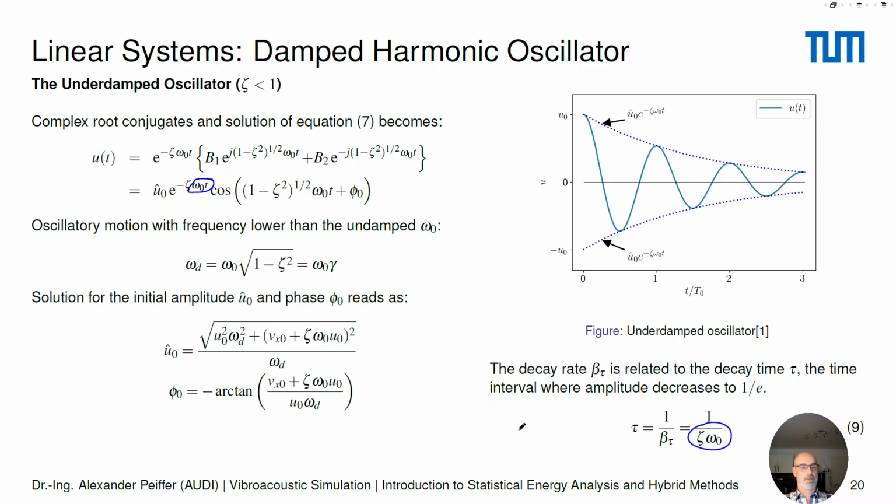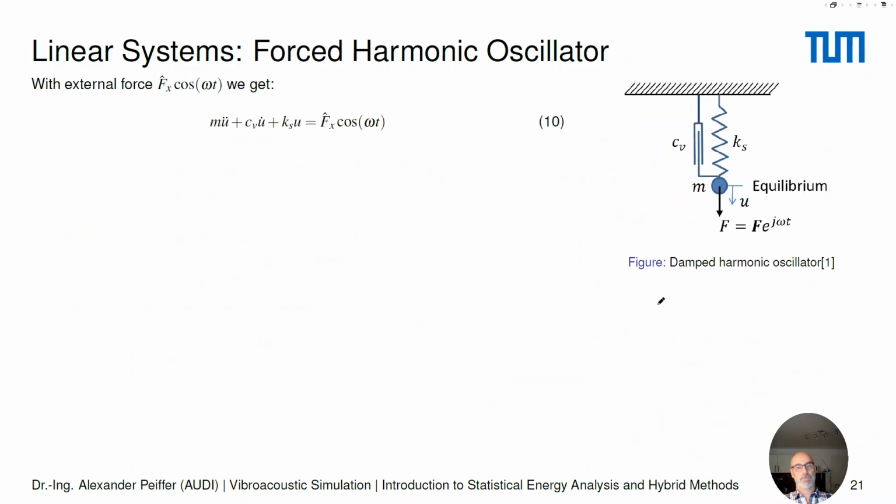Okay, so far for the damped harmonic oscillator without any external excitation. If we apply in addition a harmonic force that is exciting our oscillator, we have to write a new equation of motion or differential equation, and this is again the equation of motion of the harmonic oscillator excited by a force given by a cosine function.